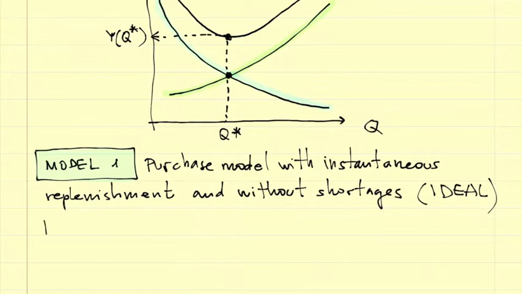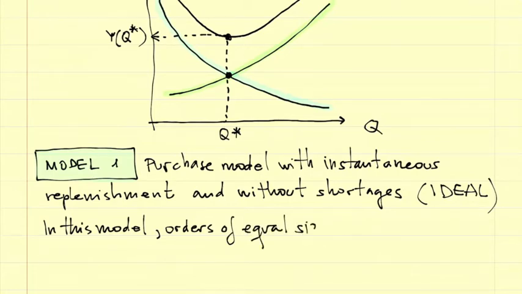In this model of inventory, orders of equal size are placed at periodical intervals.